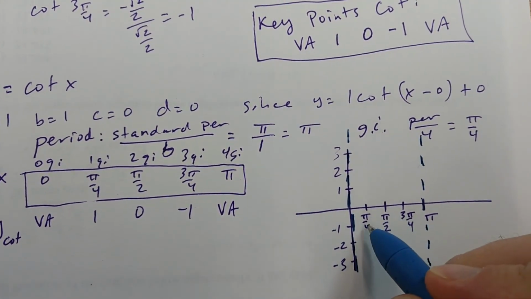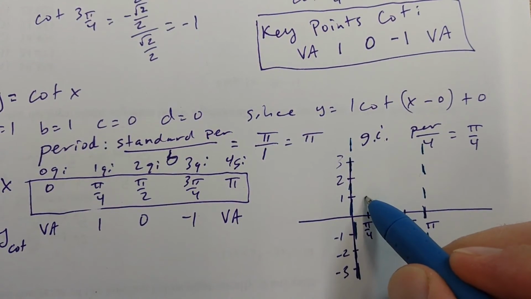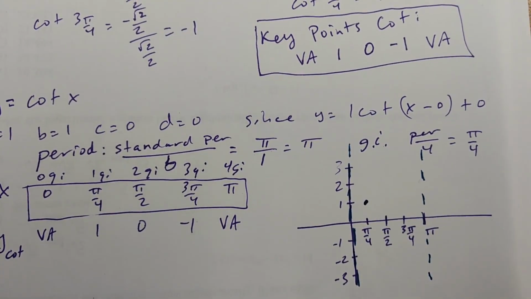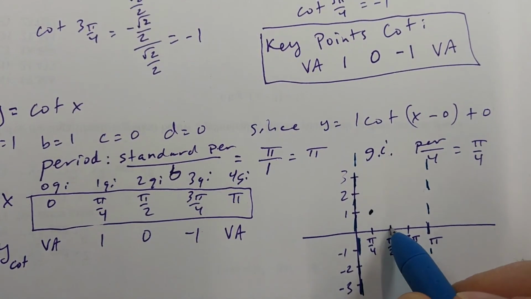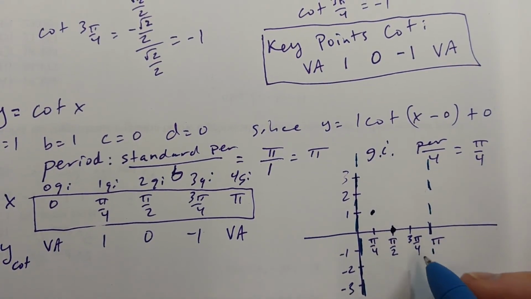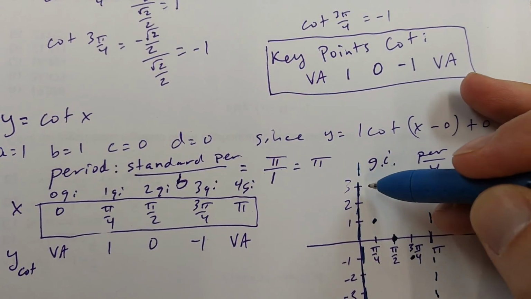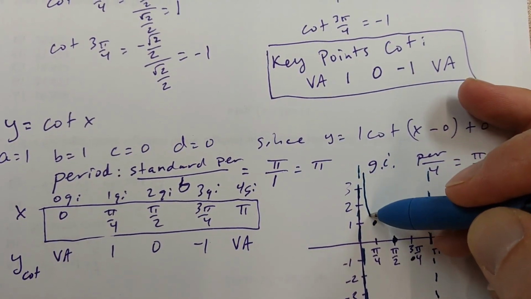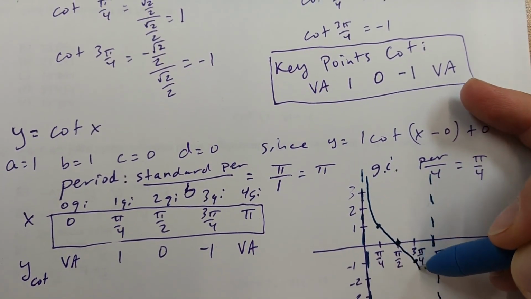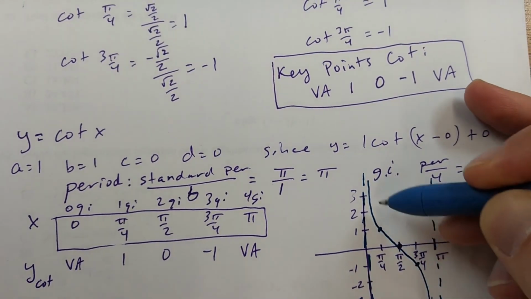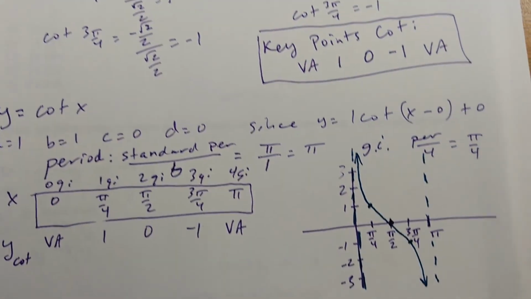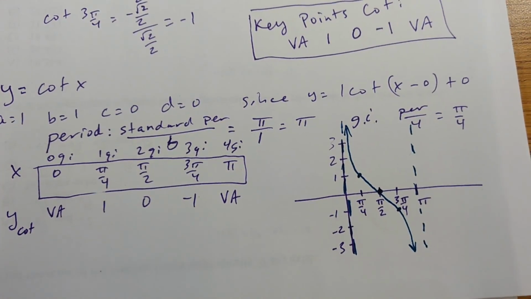When x is pi over 4, our y value is 1. Our y value is 0 when x is pi over 2, and -1 when x is 3 pi over 4. And then we're just going to connect these dots in between our boundary with a smooth curve. And this is one period of the parent function of the cotangent graph.